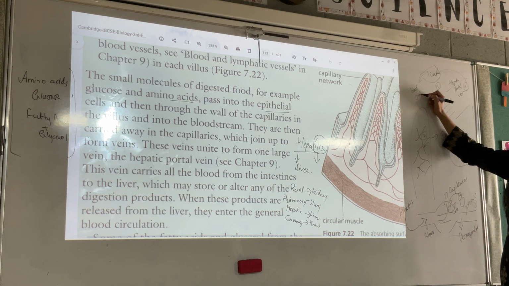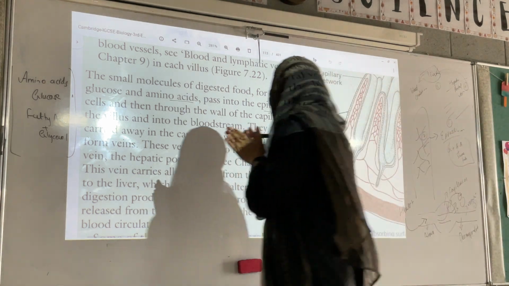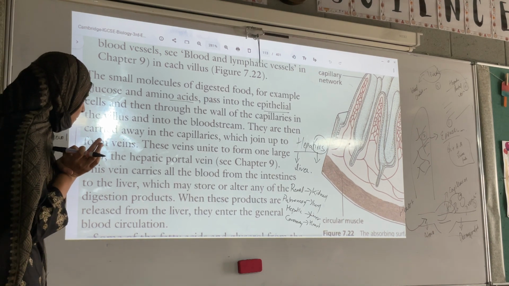It goes to the blood, and then blood will take it to all the tissues of the body. Get it? Okay. Why does it go to the liver first? The function of liver is assimilation, right? So that's why through the hepatic portal vein it goes to the liver to get assimilated, to build up into tissues. Okay?